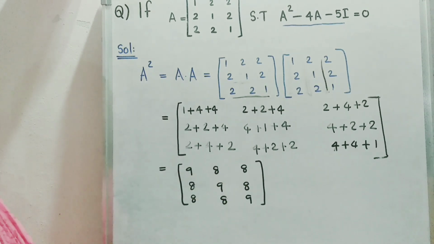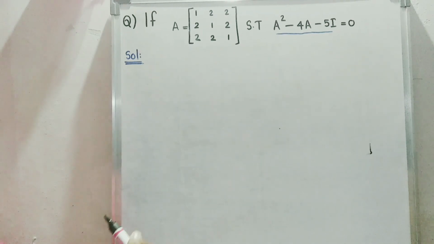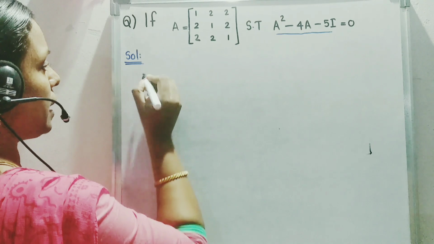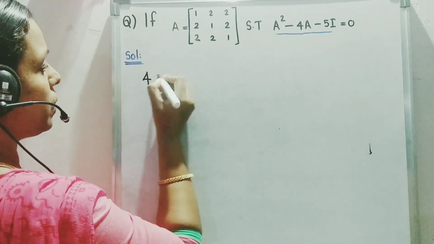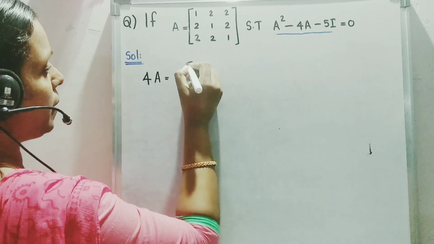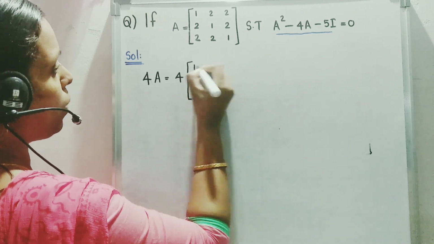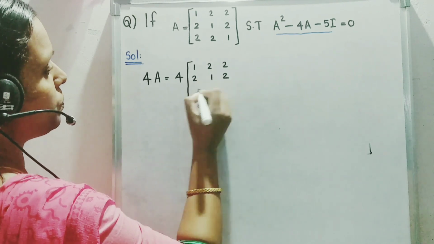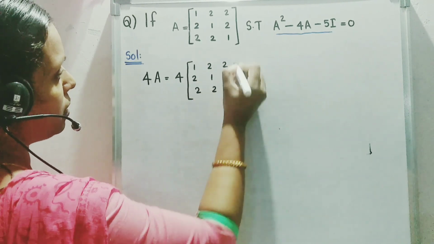This is A square. Next we want to calculate 4A. That is 4 into A. 4A equal to 4 into matrix 1, 2, 2, 2, 1, 2, 2, 2, 1.